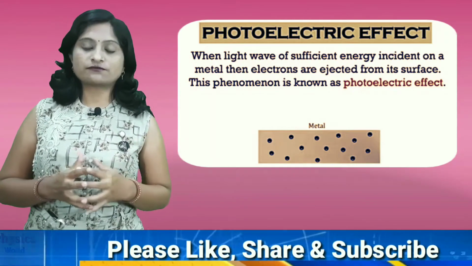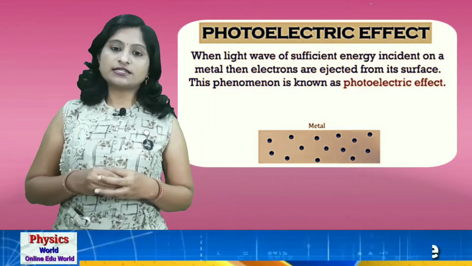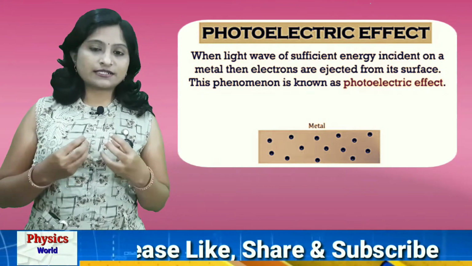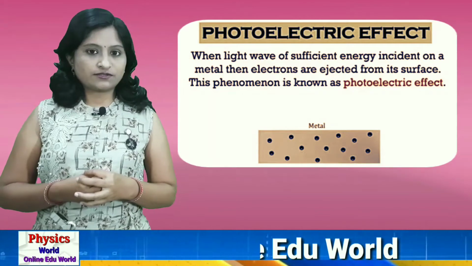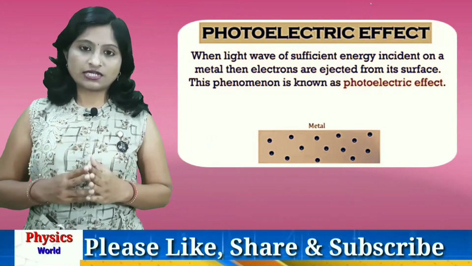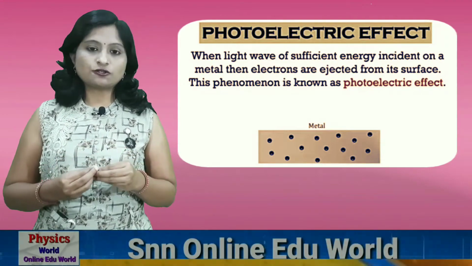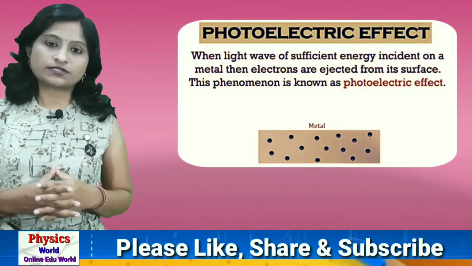These photons transfer their energy to the atom, and due to this energy, electrons jump towards a higher energy level. At one stage, these electrons leave the surface and become free to move outside.